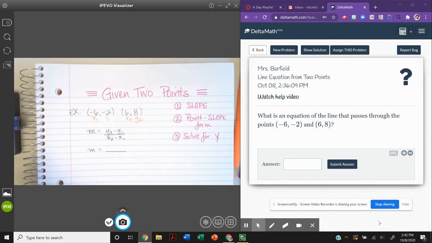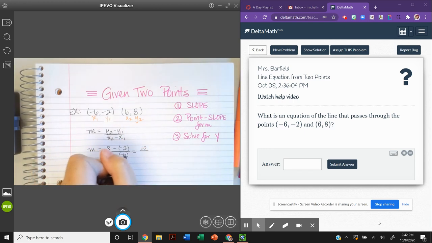If I make my replacements, that's going to be 8 minus -2 over 6 minus -6. Well, 8 minus -2 is the same thing as 8 plus 2, and 8 plus 2 is 10.